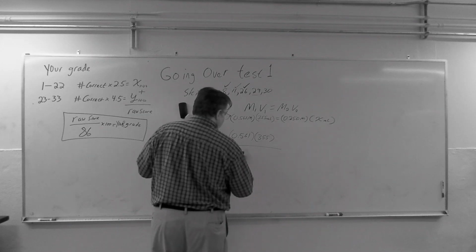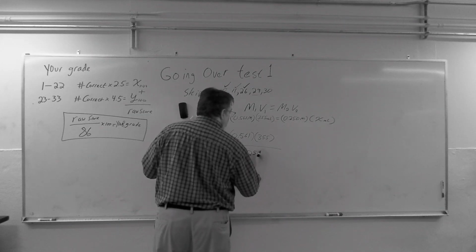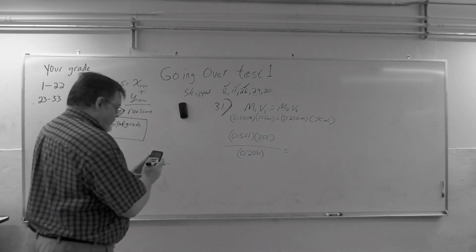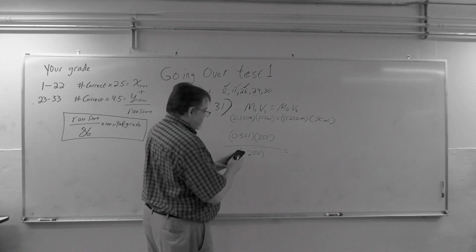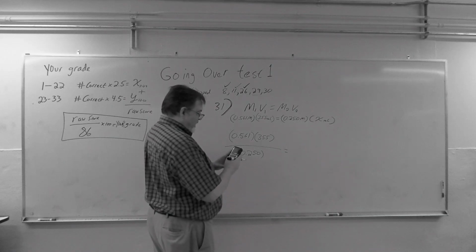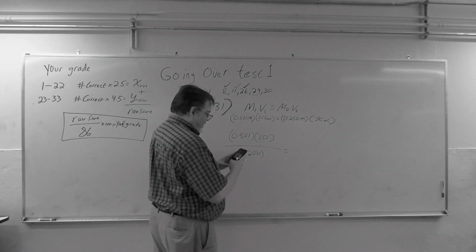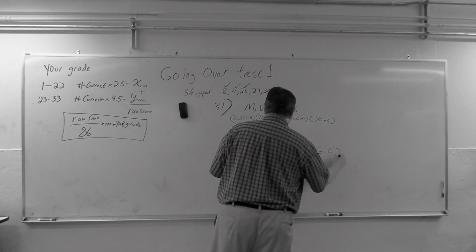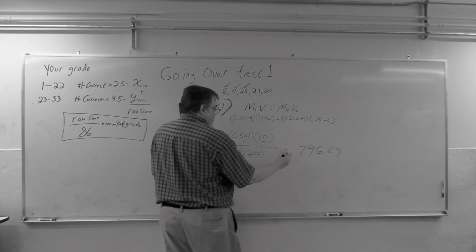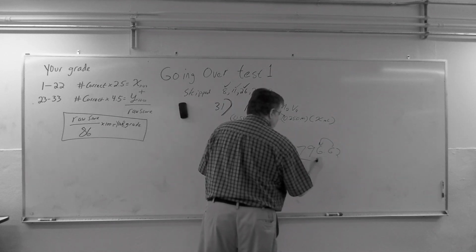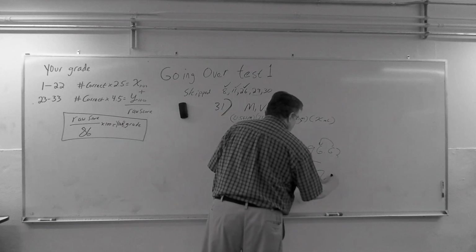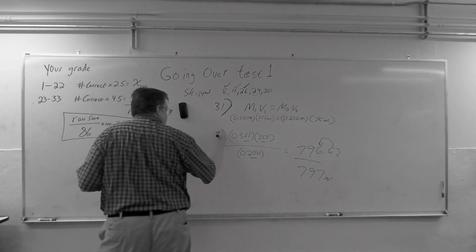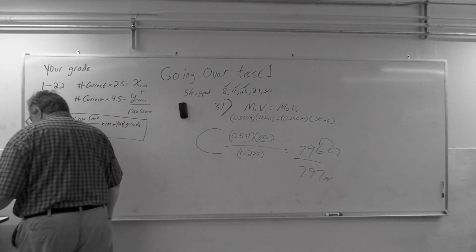I'm just doing it without units. 0.561 times 355 divided by 0.250. 3, 3, 3, so we need 3, the 6 rounds to 6, so 797 milliliters. Answer is C.